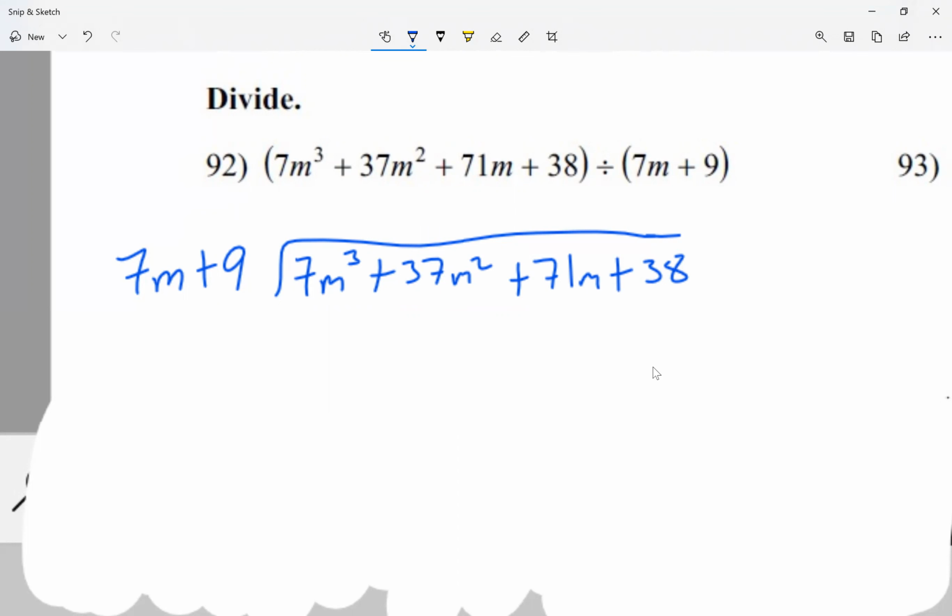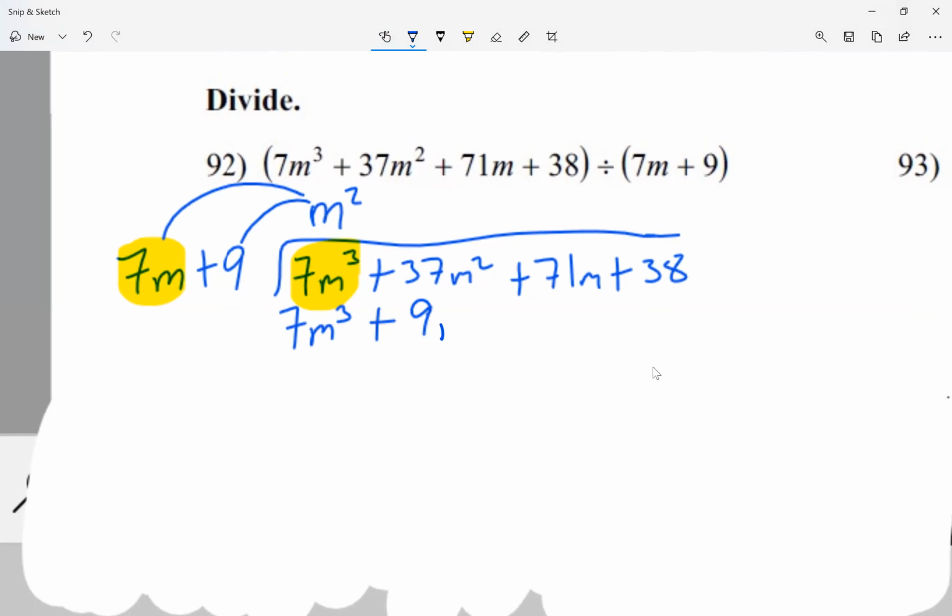And then I'm just going to look at my first term outside and my first term here. I want to multiply the term on the outside, 7m, to make it 7m to the third. Number-wise, the 7 is already 7, so nothing I can do. Letter-wise, I have to multiply this by m squared, right? Because m squared times 7m gives me 7m to the third. But m squared times 9 will give me plus 9m squared.